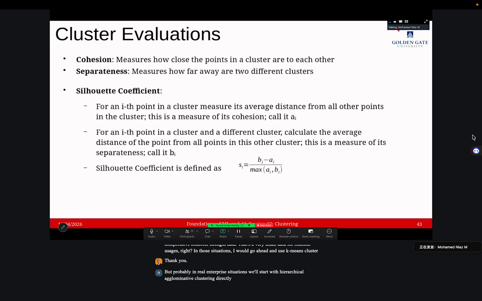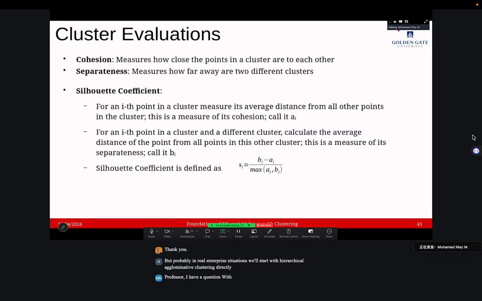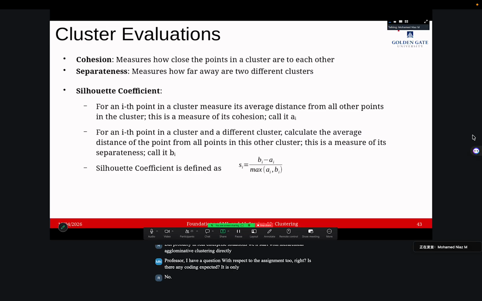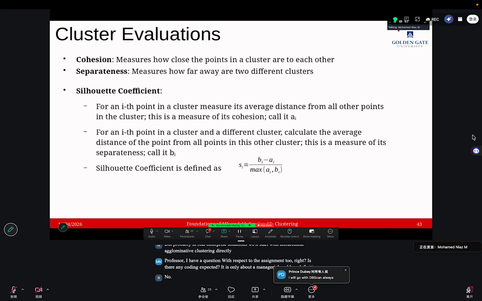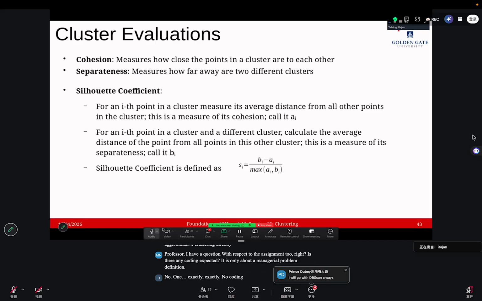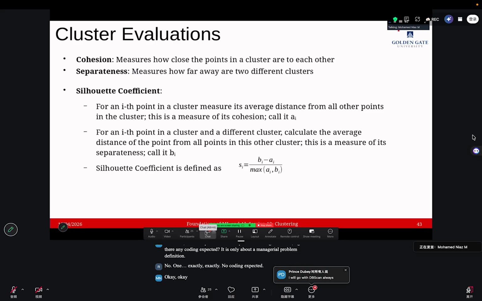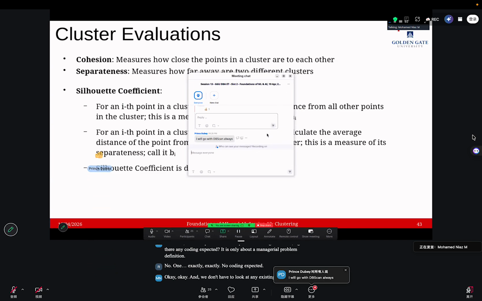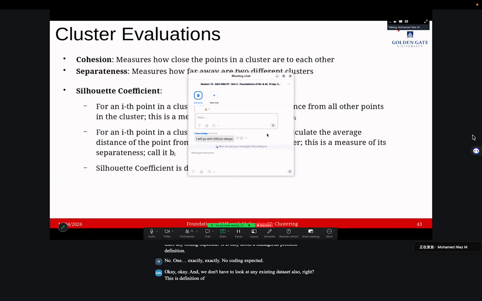Professor, I have a question. With respect to assignment 2, is there any coding expected? No, it is only about a managerial problem definition. Exactly, no coding expected. And we don't have to look at any existing data set also, right? This is definition of a problem and fitting the problem to certain tools. Right.